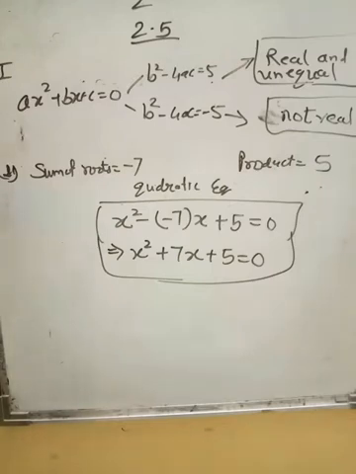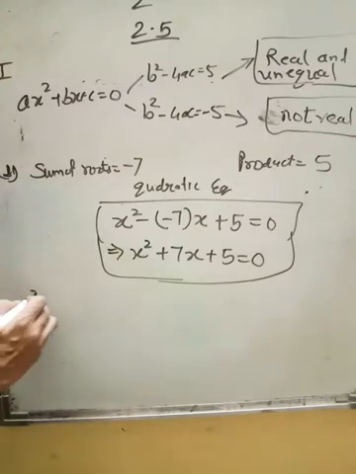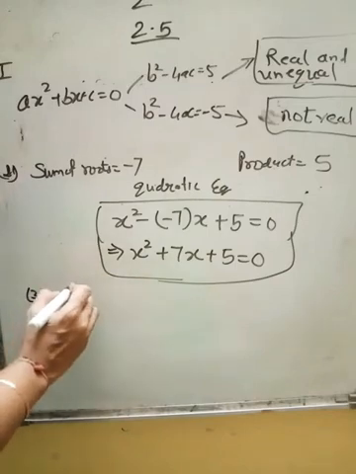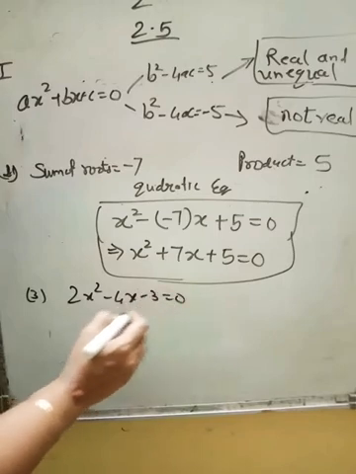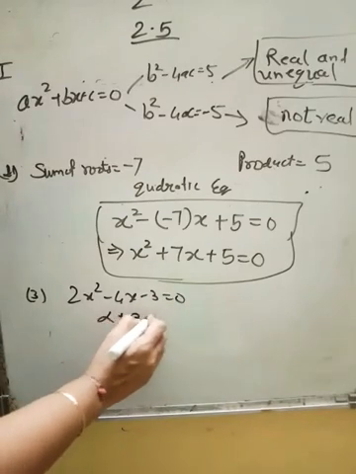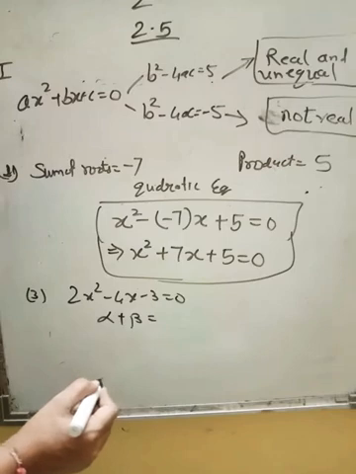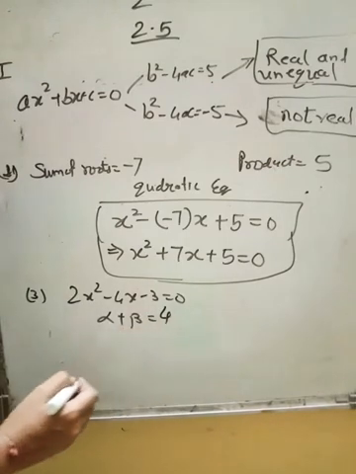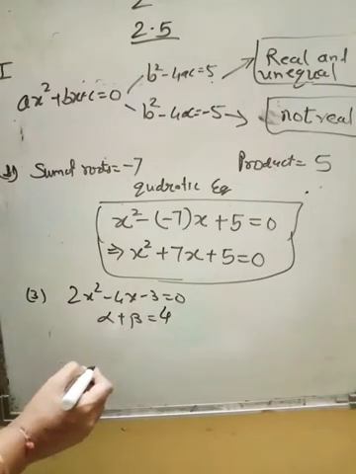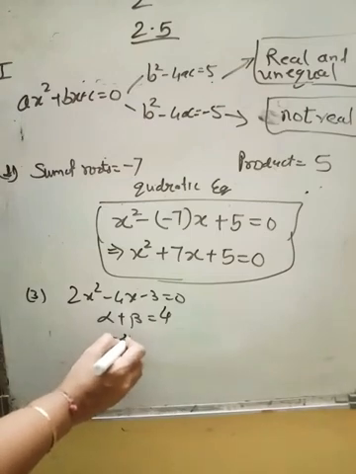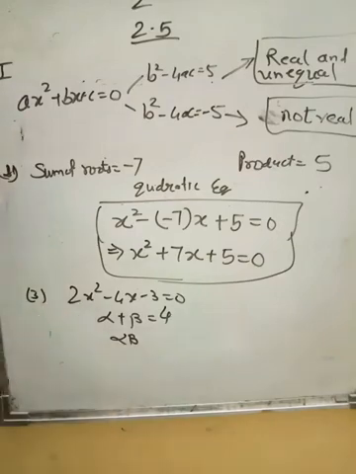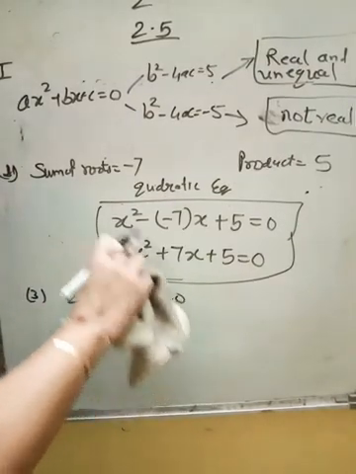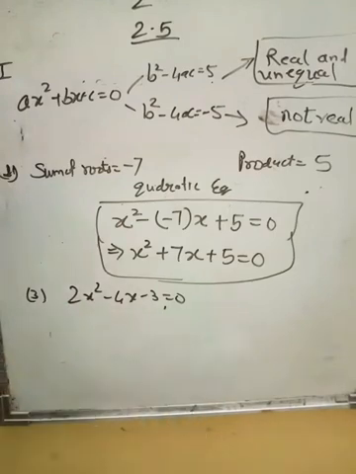Okay. Now suppose your third question is there. They have given the equation 2x square minus 4x minus 3 equal to 0. So what is alpha plus beta? 4, right? And alpha into beta. No, sorry. You have to have x square here. So you have to divide by 2 throughout.